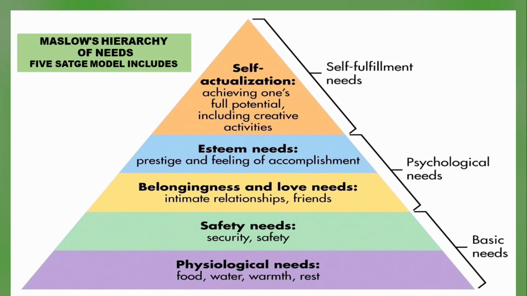The 5th level need is self-actualization, which means becoming all that one is capable of becoming, using one's skills to the fullest and stretching talents to the maximum, achieving one's full potential, including creative activities.